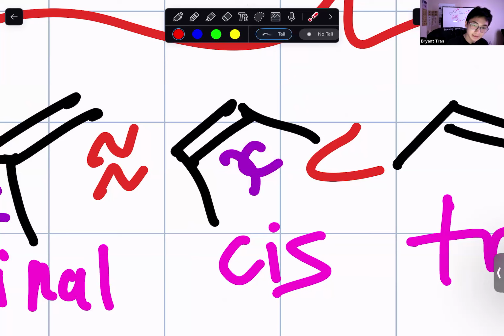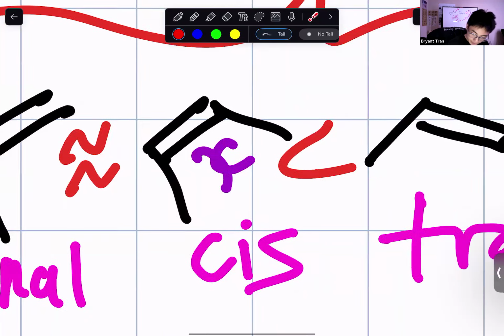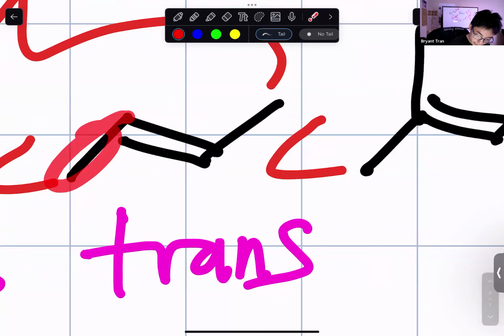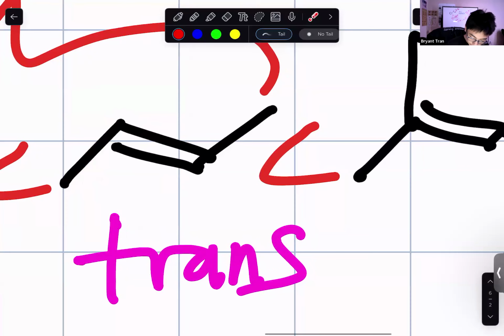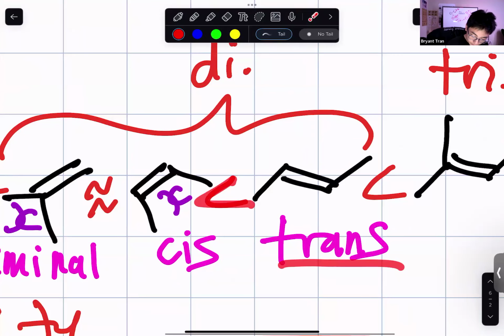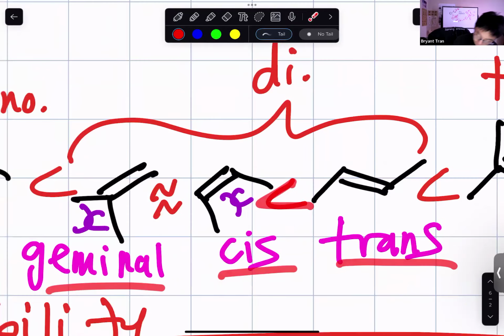That bumping effect is steric hindrance, and that is unstable. That's a destabilizing factor. But when we look at the R groups of the trans alkene, those R groups are facing away from each other, avoiding each other, not bumping each other, reducing steric hindrance, making it more stable, which is why the trans alkene is more stable than the cis and geminal alkene. Okay.